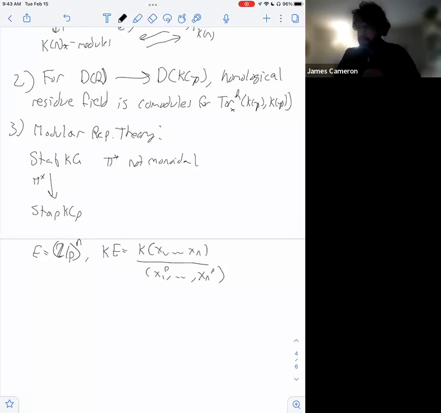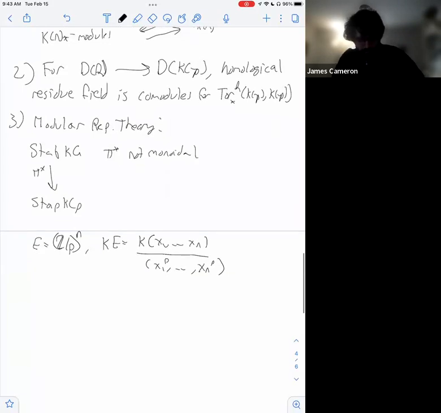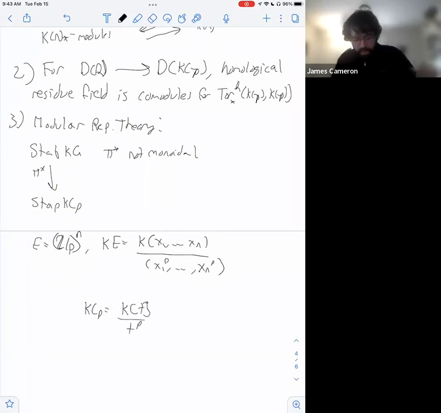And then this kC_p, it's just this k[T] mod T to the p. And we could put an exotic Hopf algebra structure on these group algebras. So let's put this Hopf algebra structure where the comultiplication takes T to 1 tensor T plus T tensor 1. And then similar with the x_i's up here.